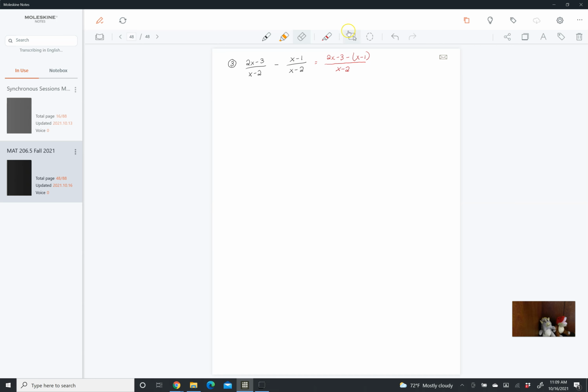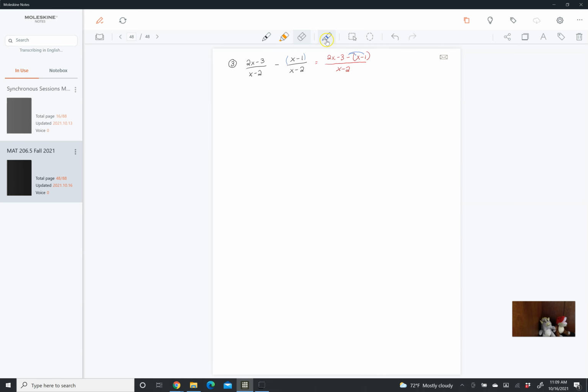Okay, so you can write this out, or you can just go straight from the previous step, just showing that this negative sign gets distributed. Do not forget to distribute the negative sign. That's the biggest mistake that people make on these problems, is they forget when they're subtracting that that negative sign needs to be distributed. This x minus 1 is in invisible parentheses, so you are subtracting the whole x minus 1, not just the x.